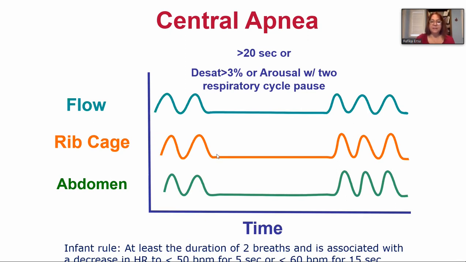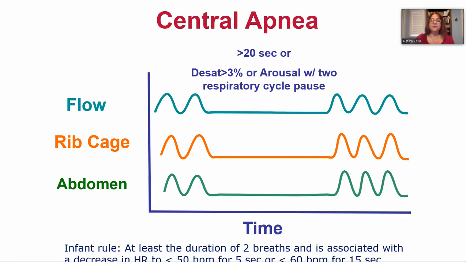We score central apneas if there's no flow, and there's no ribcage or abdominal movement. But those that last less than 20 seconds and are not associated with desaturation or arousals are quite common. So we score them if they last more than 20 seconds, whether there's an arousal or desaturation or not.